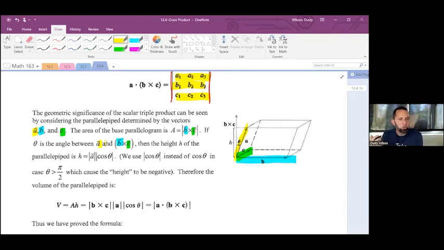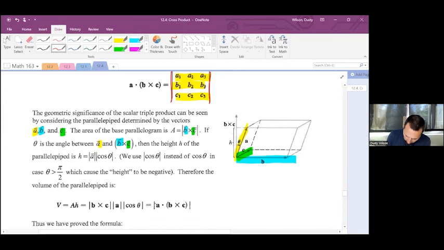So therefore, the volume of the parallelepiped is V equal to area of the base times the height, or the magnitude of B cross C times the magnitude of A times the absolute value of the cosine of theta, or the absolute value of A dot B cross C.